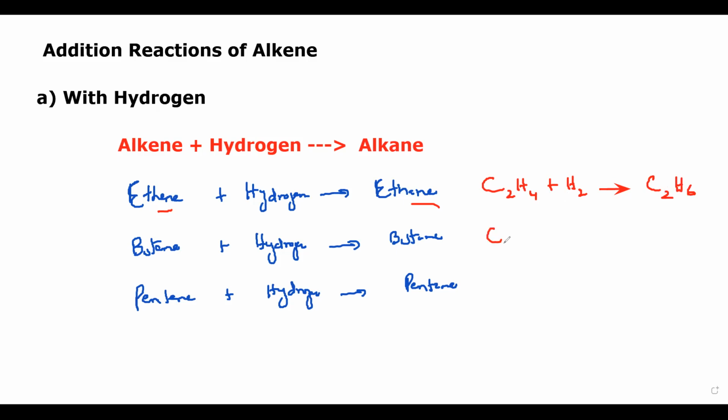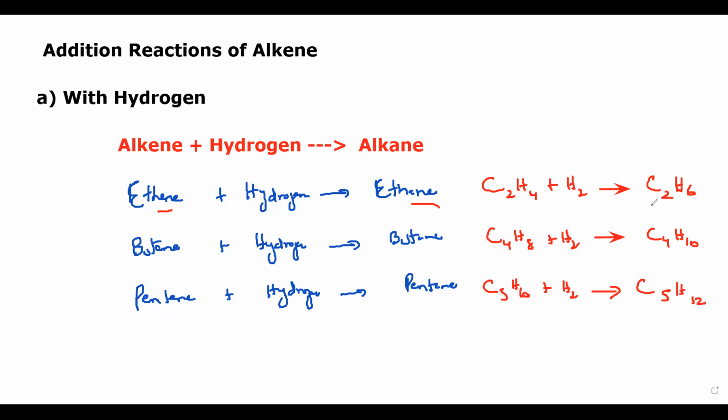Butene, but means 4 carbons, so C4H8 plus hydrogen H2. What will be the product? C4H8 plus H2, when we add, it will become C4H10. In the same way, pentene, pent means 5 carbons and 10 hydrogens. We add H2. What will be the result? It will become C5H12.